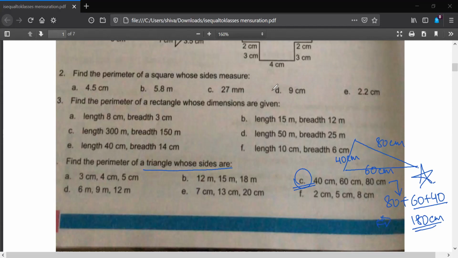Just for some practice, can you do these sums that I have circled? Can you do all these sums? Yes, sir. You can start.